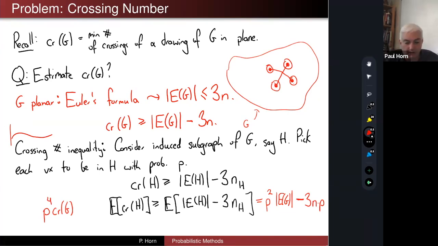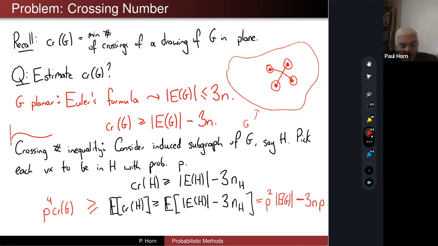And in an optimal drawing, the only crossings will be on edges from disjoint endpoints. Maybe I could do better than that, but this is an upper bound for the expected crossing number of H. So perhaps this random H that I have picked has a smaller crossing number, but this turns out to be an upper bound.